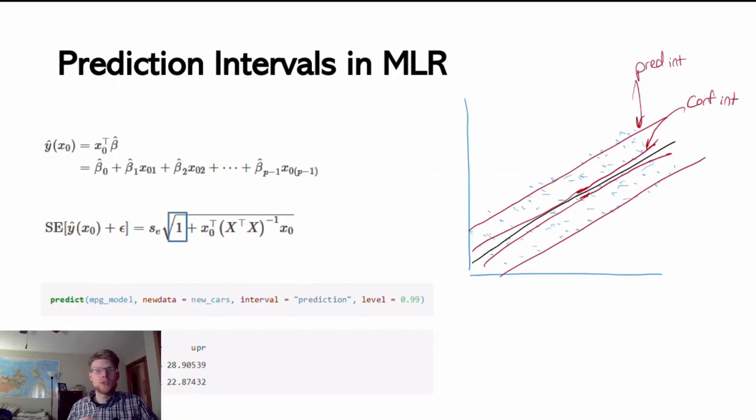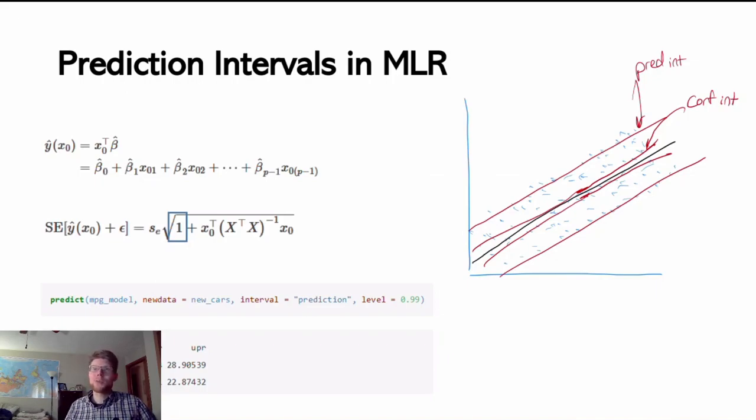Now, this is 2-dimensional. This is just one predictor, one response. We're now talking about prediction intervals in more than 2 dimensions. So it's a little bit harder to visualize, but it's the same idea. If we have 2 predictors, then it's not just an interval around a line, it's an interval around a plane. And if it's more than that, then it's some other more complicated geometry going on there.